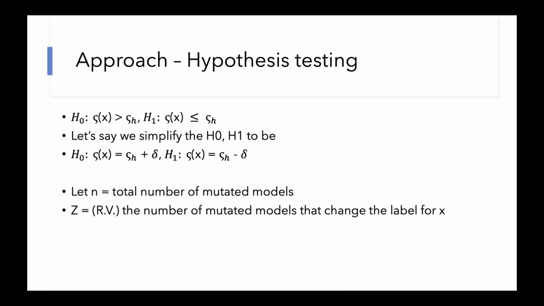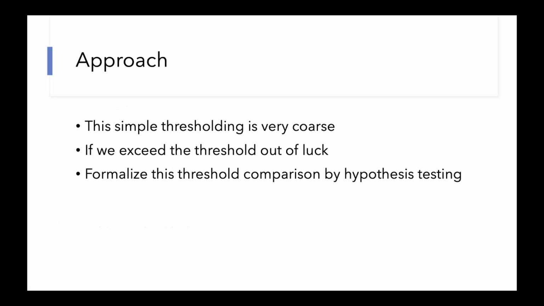So we let the null hypothesis be epsilon x is larger than epsilon h, and the alternative one, which is just the reverse, is epsilon x smaller. We want to test this hypothesis.